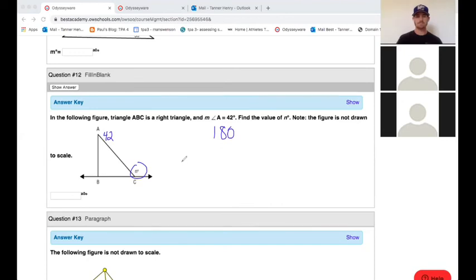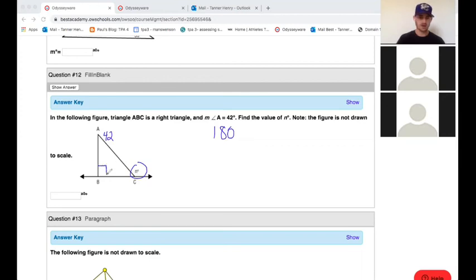A equals 42. So what do we notice about this line right here and this line? What triangle is this? Is it right? Yeah, there we go. A right scalene.